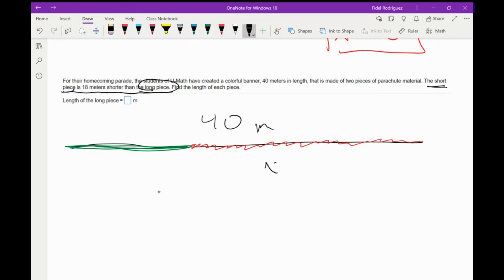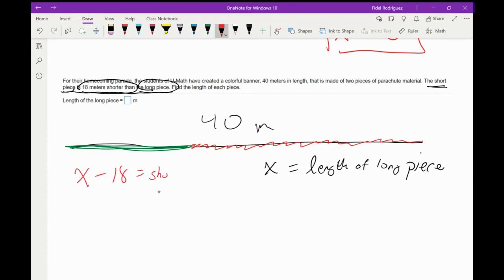So I'm going to say let X be the length of the long piece, and the short piece, if it's 18 meters shorter than that, then X minus 18 will be the short piece, okay?